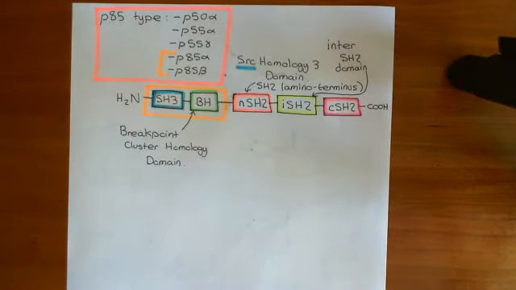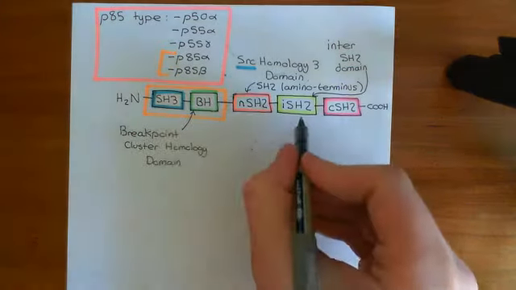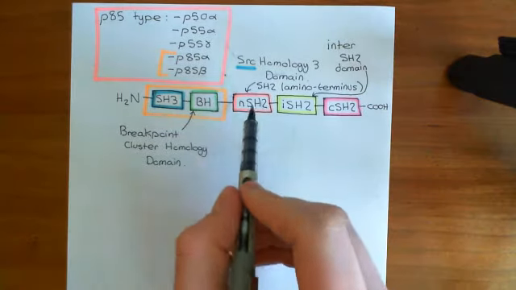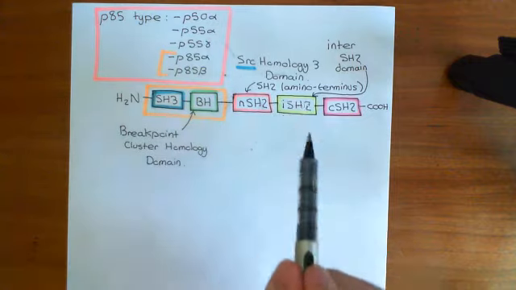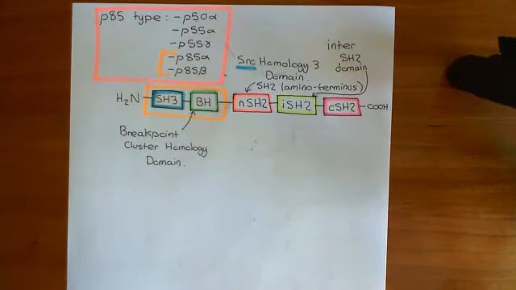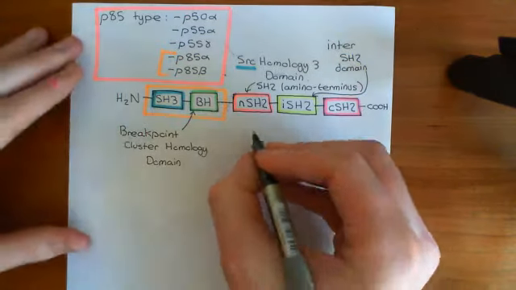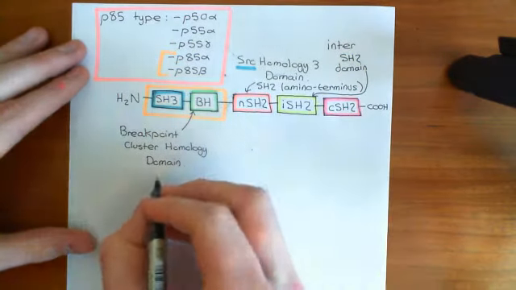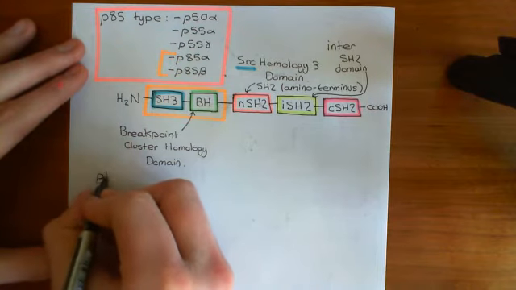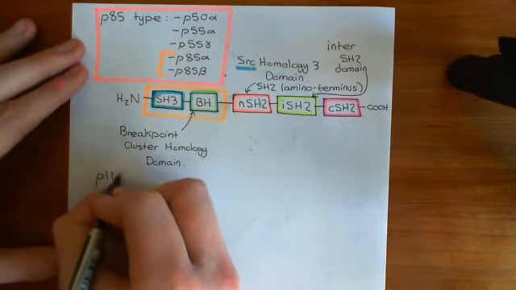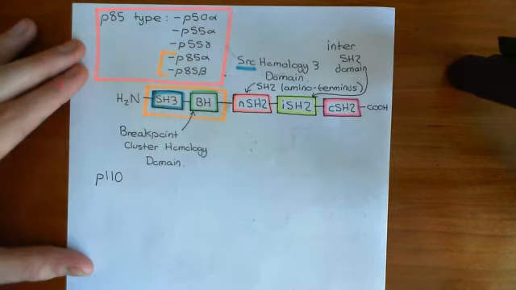Okay, right then. So this is the regulatory subunit. This is the subunit that's going to be involved in binding to the receptor tyrosine kinases, and it's also involved in binding to the catalytic subunit. So we want to now study the catalytic subunit. So remember, we are talking about the catalytic subunit of a type 1A receptor tyrosine PI3 kinase enzyme.